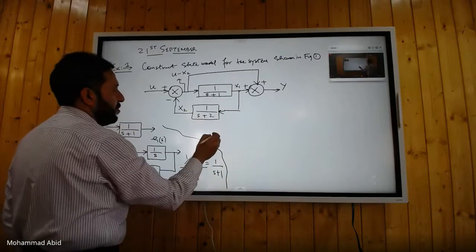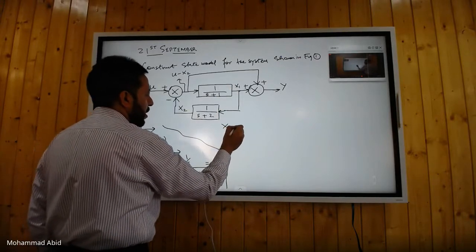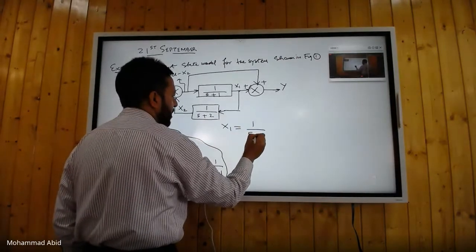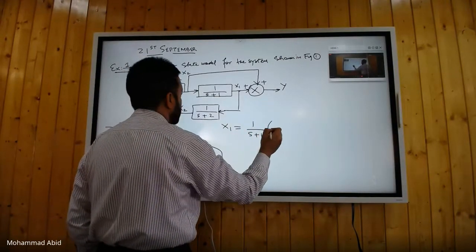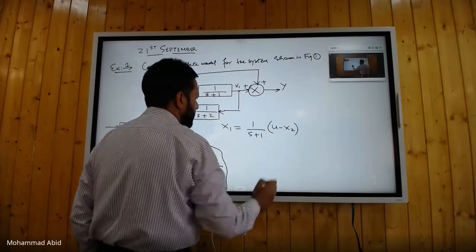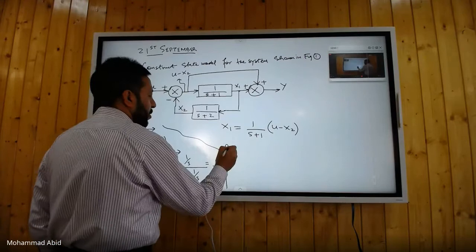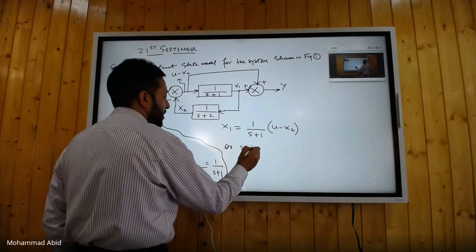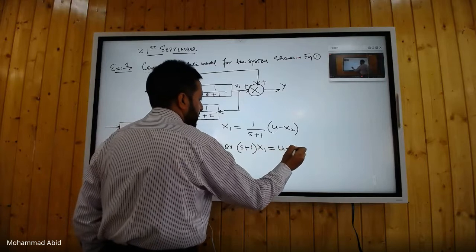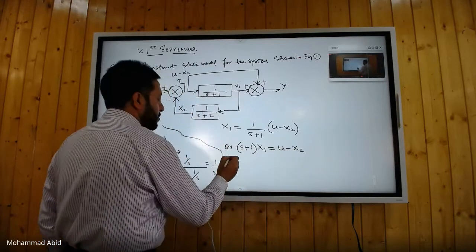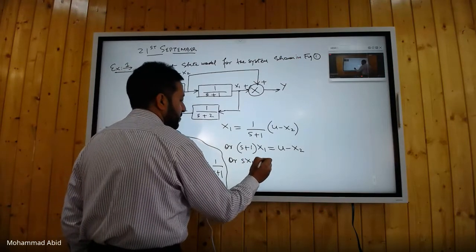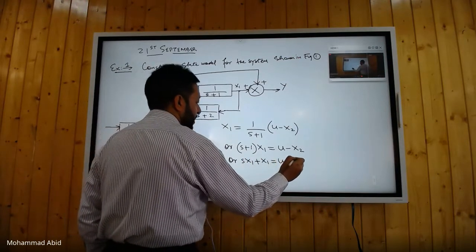So what is x1 equal to? x1 is equal to 1 upon s plus 1 into u minus x2. Isn't it? Or I can write s plus 1 into x1 is equal to u minus x2. Or I can write sx1 plus x1 is equal to u minus x2.